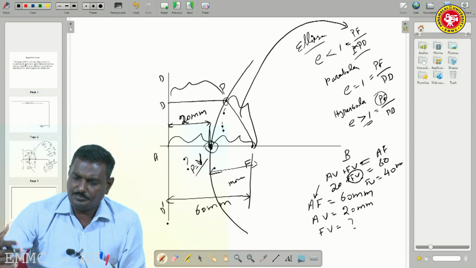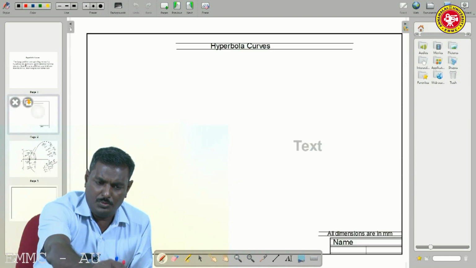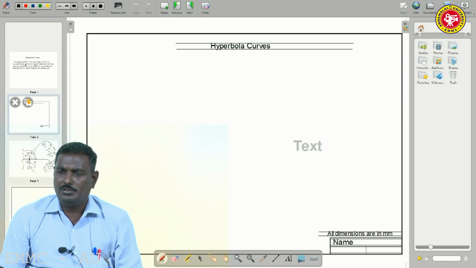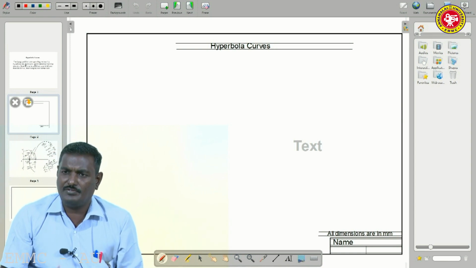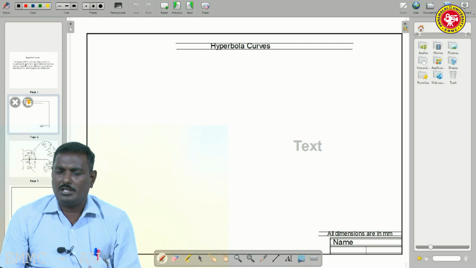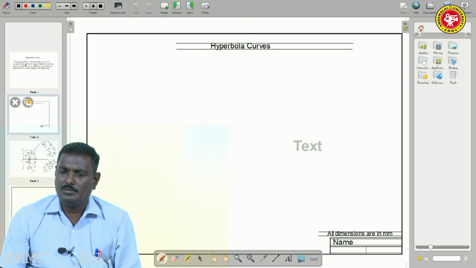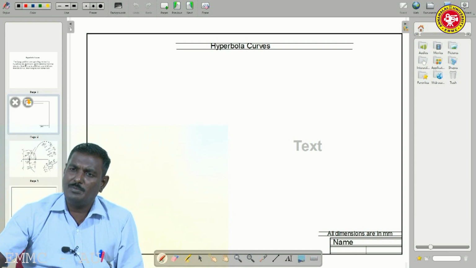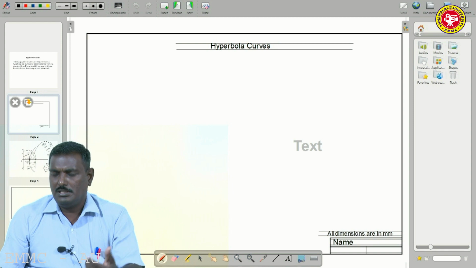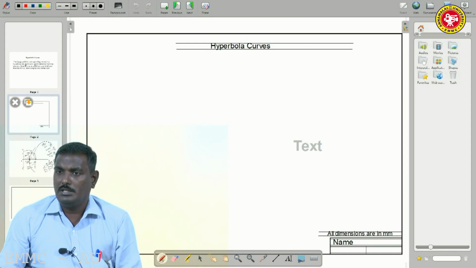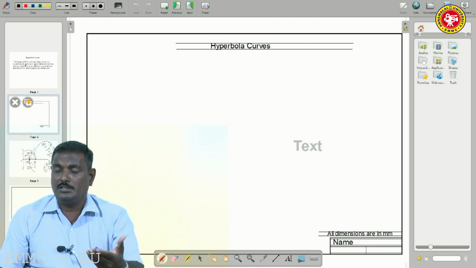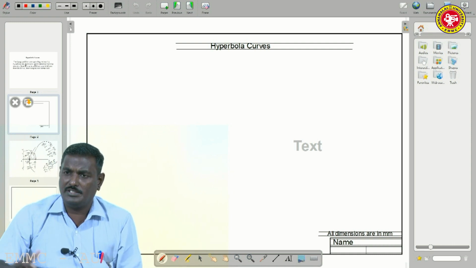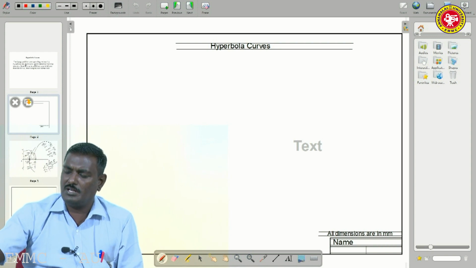So now we move on to the drawing board. Before starting any draft, that is construction of any curves or projections, you have to construct a borderline. To simplify the details, because you are all young engineers, young technical people, there are a lot of layouts, but a simplification is given here.